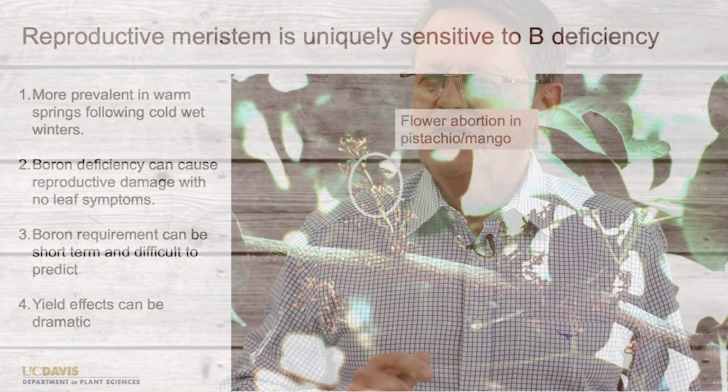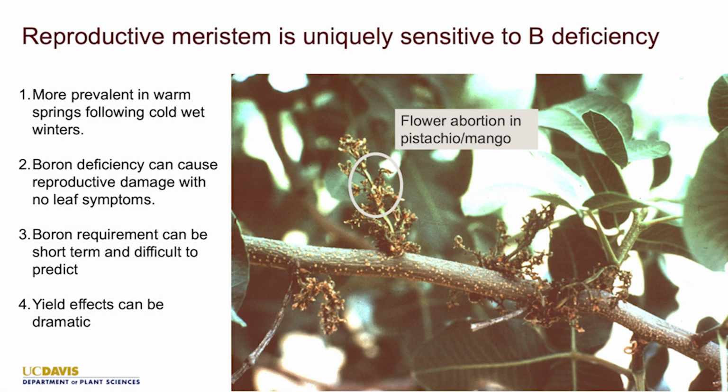This is flower pistachio. One of the important considerations is pistachio flowers in the springtime, and we commonly see, when the winter has been particularly cold and the soils are cold, a warm spring causing buds to burst and growth to occur very rapidly. That represents a stress.